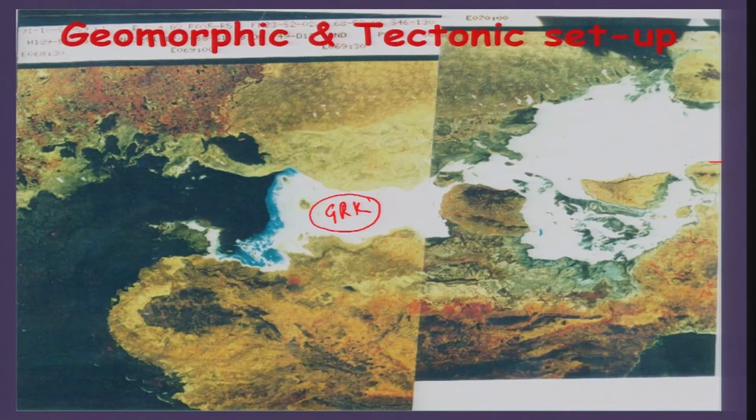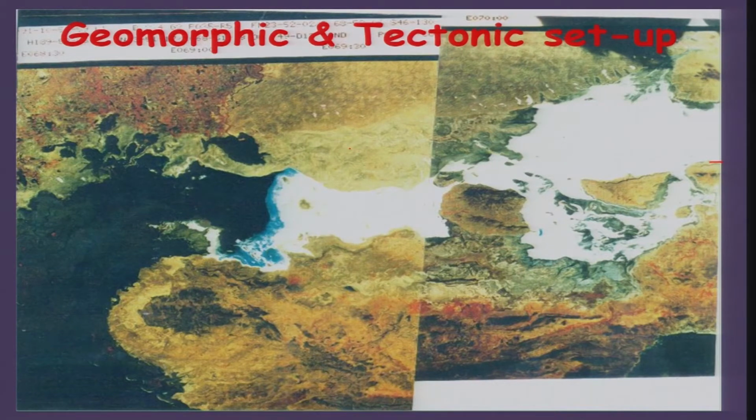Now if you look further in the northern portion, this feature is appearing different than this one. If you ask me, because we have seen the area in the field, we can easily tell you, but even then you can make out that there is some difference between these two landscapes.